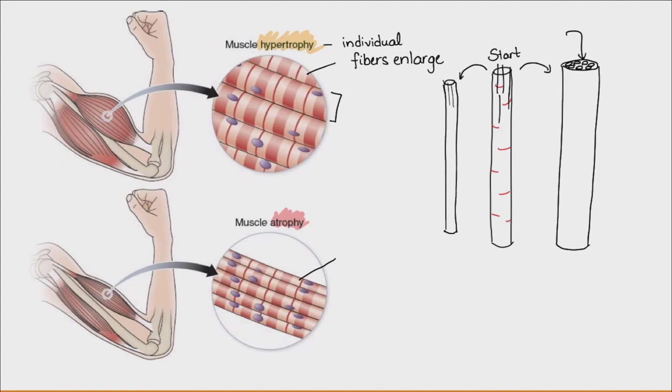So if I ask you on the exam, true or false, muscle hypertrophy is achieved by adding additional muscle fibers, that is a false statement. So the main way that muscles hypertrophy is simply by enlarging existing fibers. Now you can add more myofibrils, but you're not going to be adding more fibers. Again, there are some exceptions to this, but this is kind of the general trend. And with that, we end our lecture series on muscle physiology.